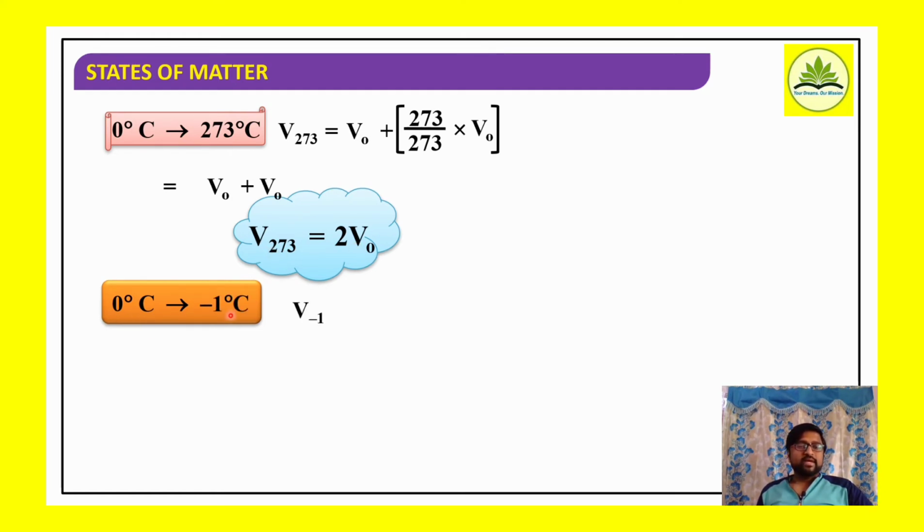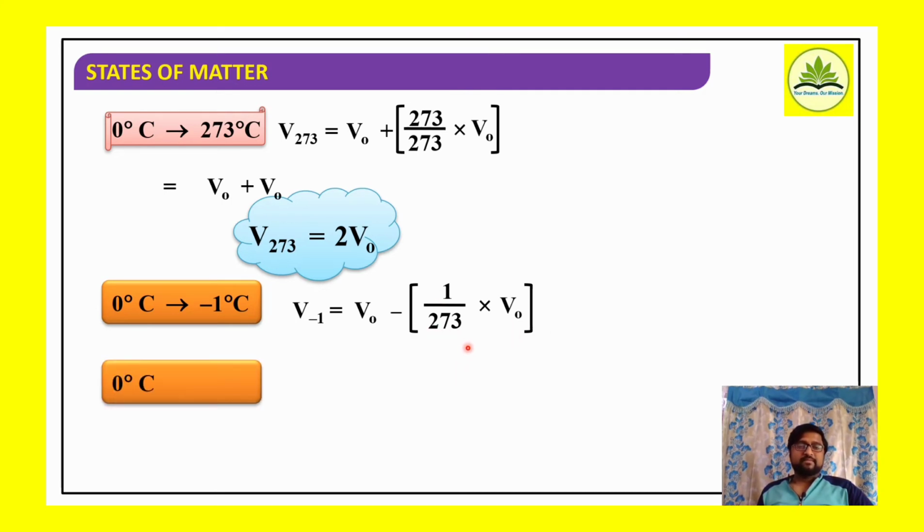Then from 0 to minus 1 degree Celsius, if temperature falls from 0 to minus 1 degree Celsius, the corresponding volume is V naught plus minus 1 by 273 into V naught. Here the minus is taken out, so the expression is V naught minus 1 by 273 into V naught.